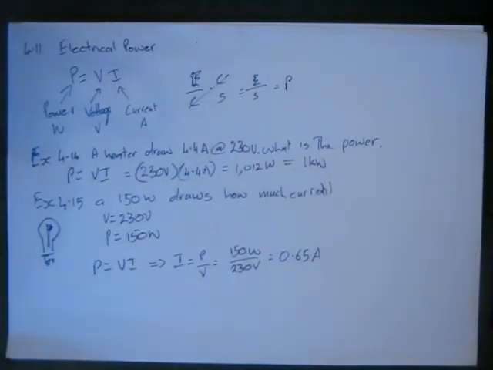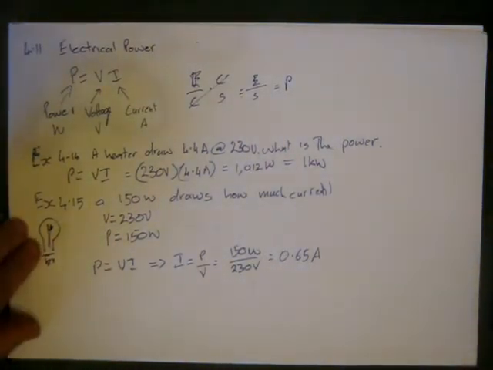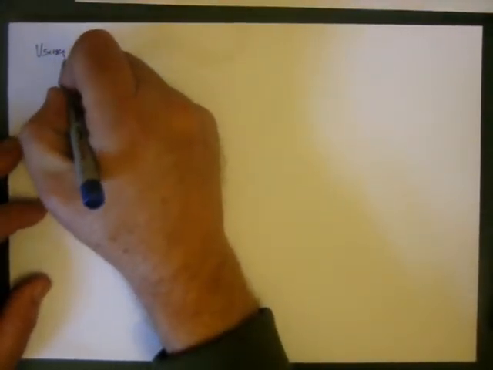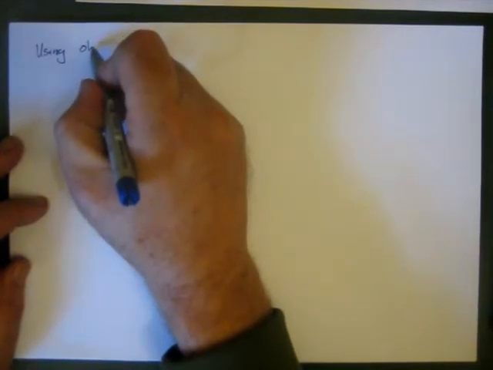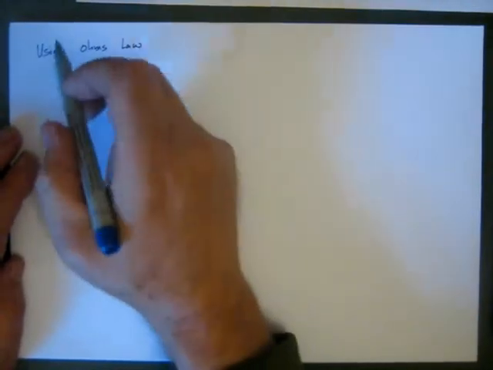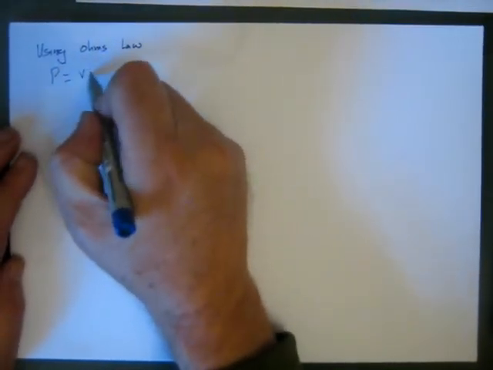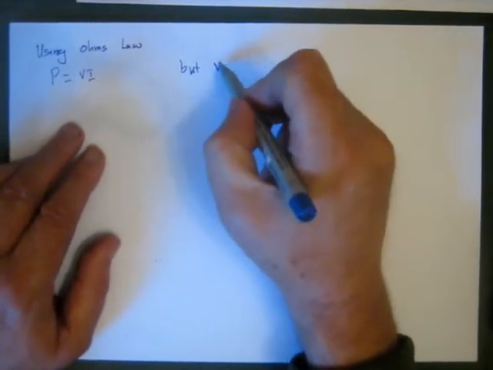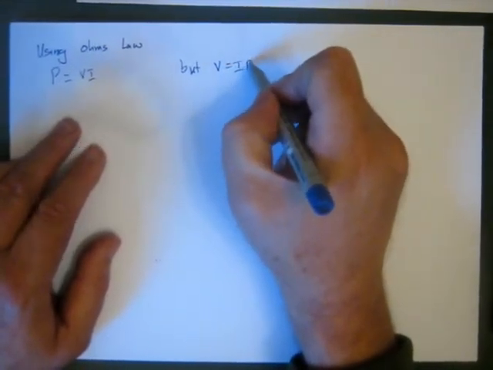But what we can actually do is relate the power draw to resistance, because often with things like the light bulb, we might know the resistance. So using Ohm's law, we can work this out using resistances. P equals VI, that's the power, but V equals IR.